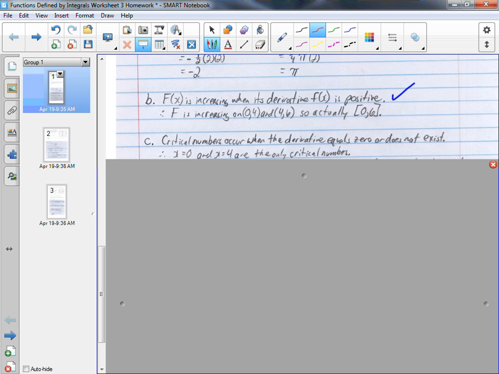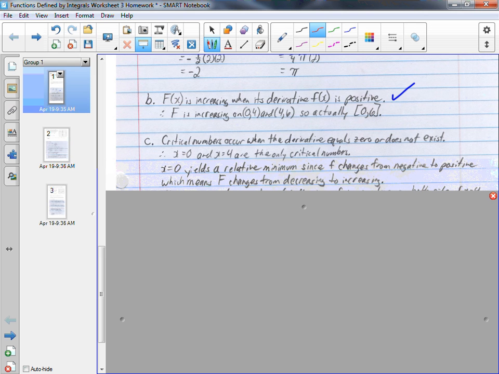All right. Now, we've figured out the answer. Let's say it. There's a relative minimum at 0. So x equals 0 yields a relative minimum since f prime, the derivative, changes from negative to positive. And according to what we've been told in these Saturday sessions, I don't need to say the rest of that sentence, do I?